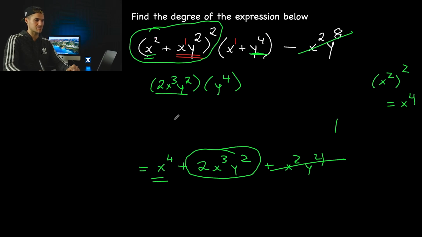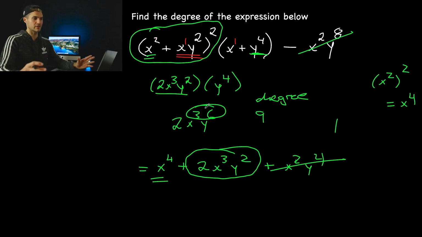And so when we expand this, we would get 2 x cubed y to the 6, you add these exponents here. And so what's the highest degree? The next highest degree is 9. So that's the answer. The degree of this expression is actually going to be 9, and it's going to come from this term if you were to fully expand this out.